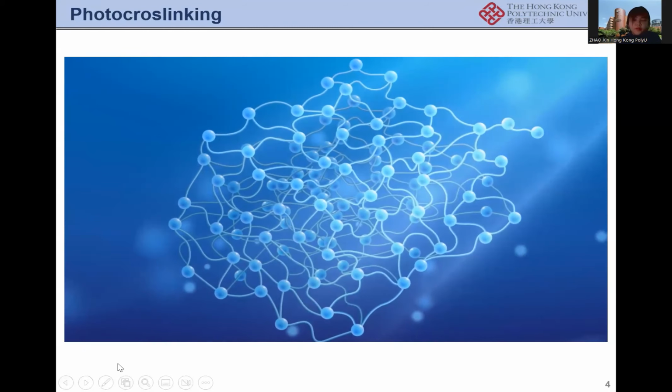As we can see from this cartoon, by joining these monomers together, we can form a three-dimensional network. By controlling the cross-linking density, we can control the properties of the materials.